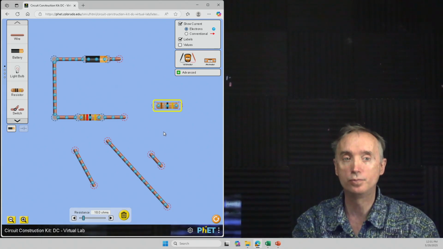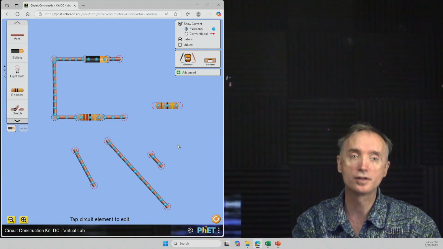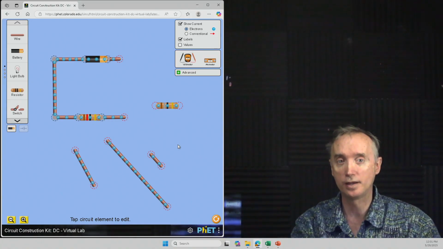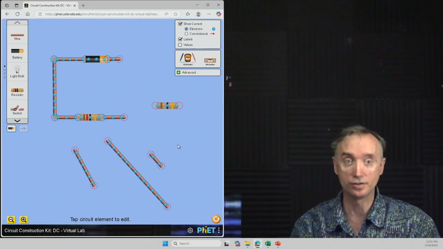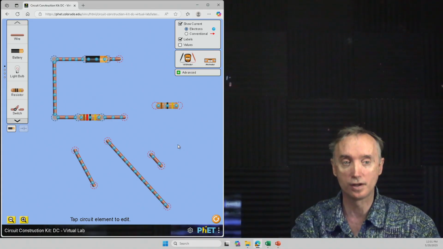And what we need to do is put them in series. So you can look this up on the internet and type in the words series circuit and then go to images, and it will show you what a series circuit looks like.